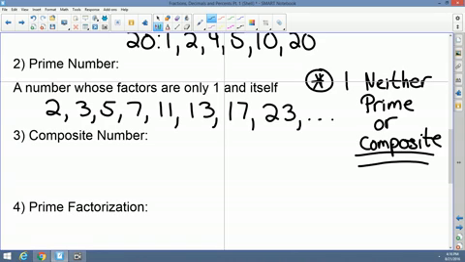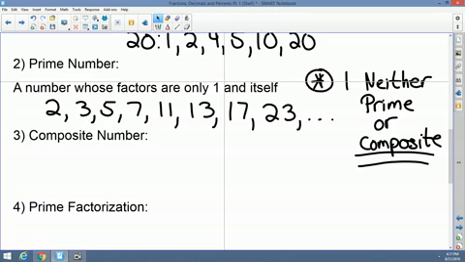A prime number is a number whose factors are only 1 and itself. And the actual number 1 is neither prime nor composite. It is not prime because it only has 1 factor, itself. And a prime number has exactly 2 factors. It's not a composite number because composite numbers have more than 2 factors, and the number 1 only has 1 factor, which is itself. So 1 is neither prime or composite.